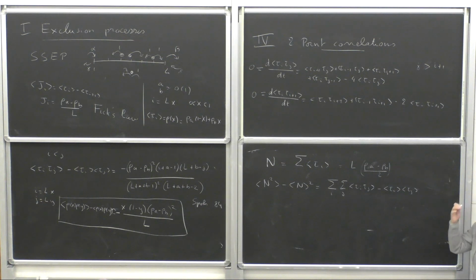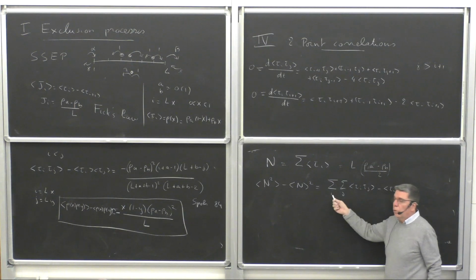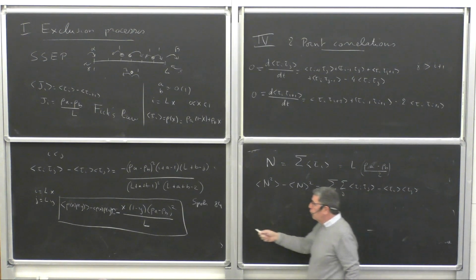Now, just to say it with words, here the correlations between sites which are not the same is of order 1 over L.